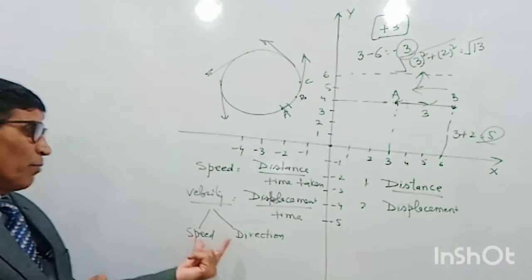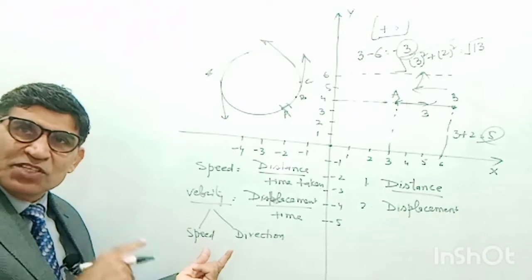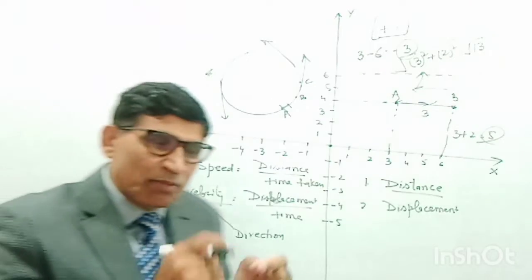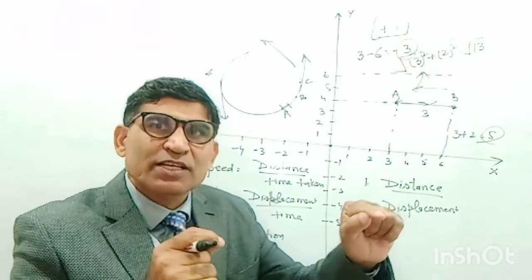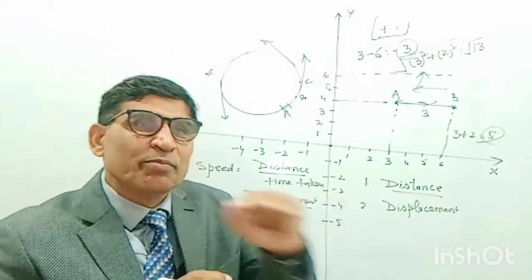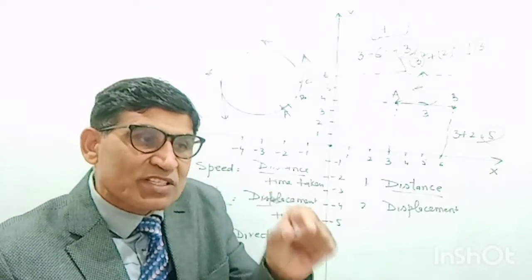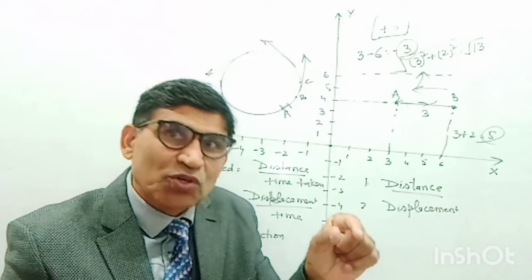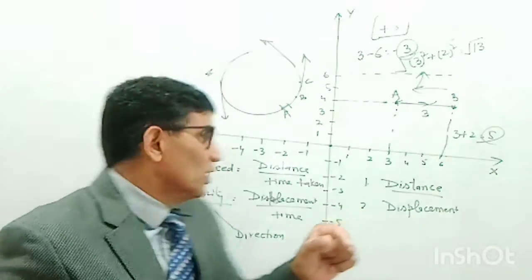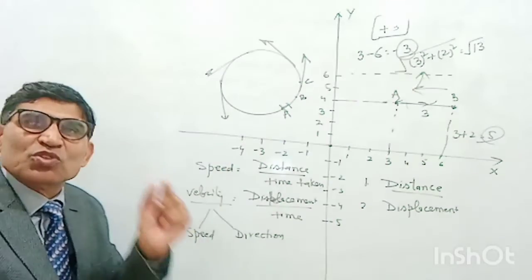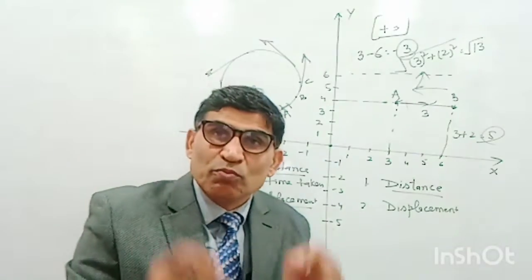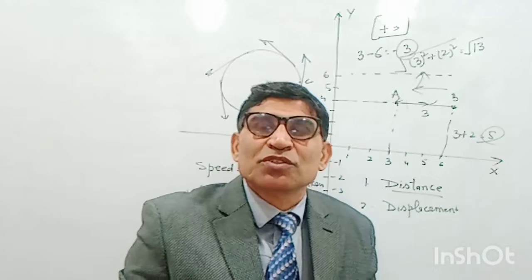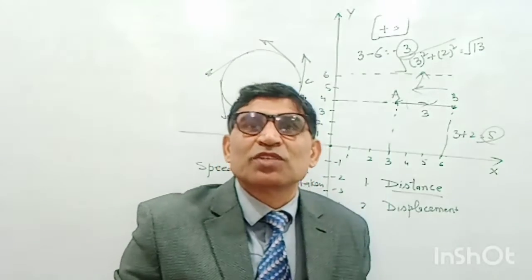If both are the same, neither speed changing nor direction changing, that is possible only when the body is moving in a fixed direction with a fixed speed, meaning covering a fixed distance in a fixed time interval, whether the interval may be short or long. In that case velocity is constant. And to move a body we do not require any force if the velocity is constant.